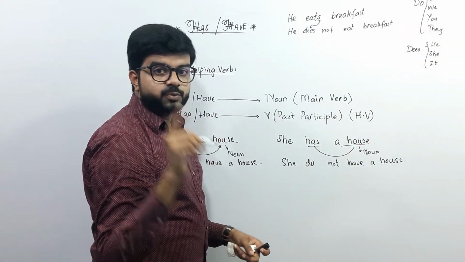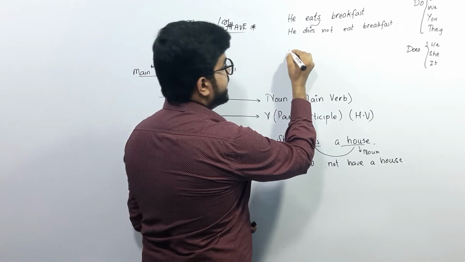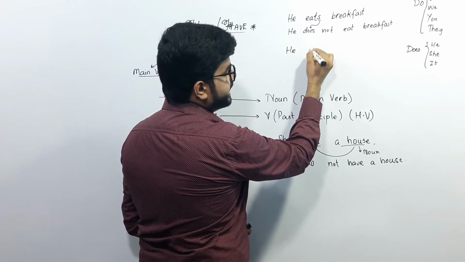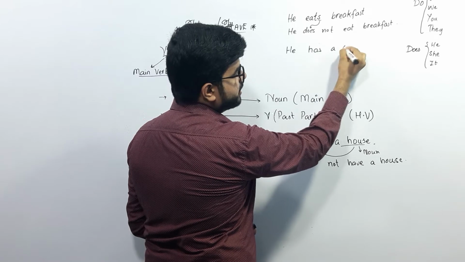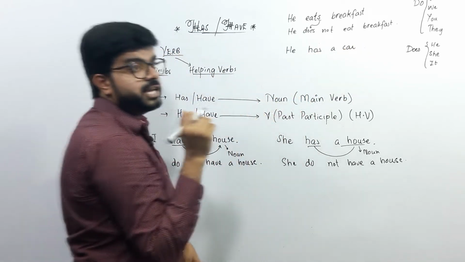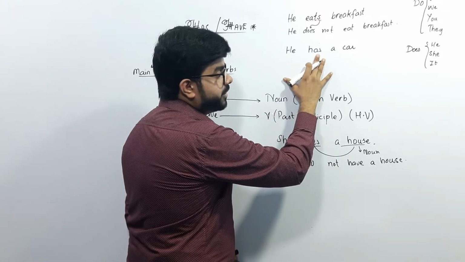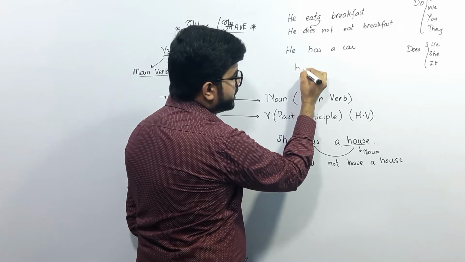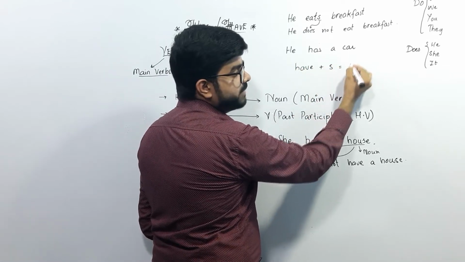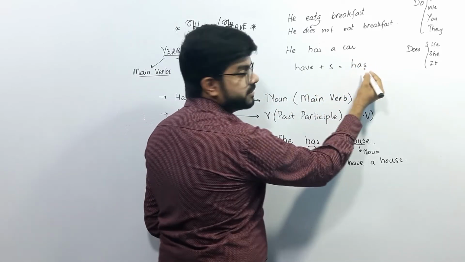So I'm going to tell you one more tip which is quite helpful for you to understand, that when I use a sentence like he has a car, right? So the s I'm using here is not actually a part of have, right? It's not actually the part of this word, right? Actually, whenever we add s after have, it does not become haves, it becomes has, right?